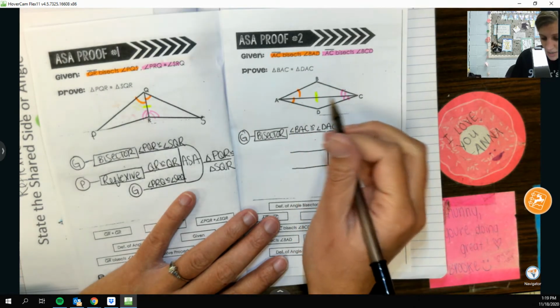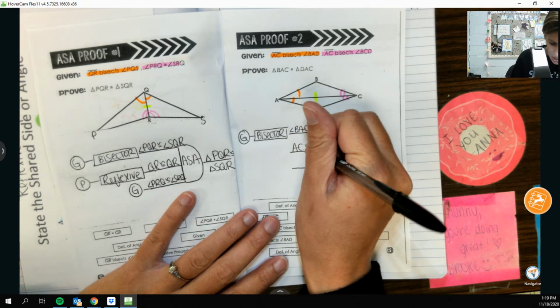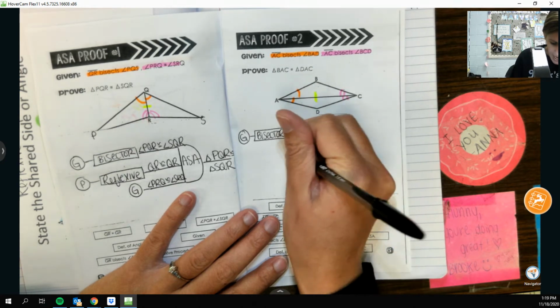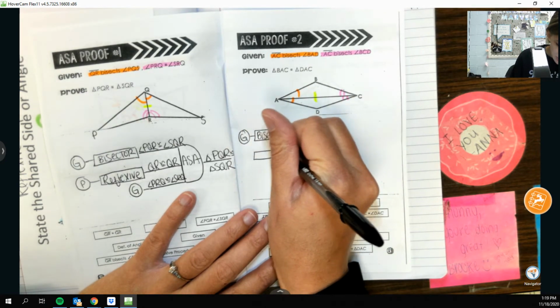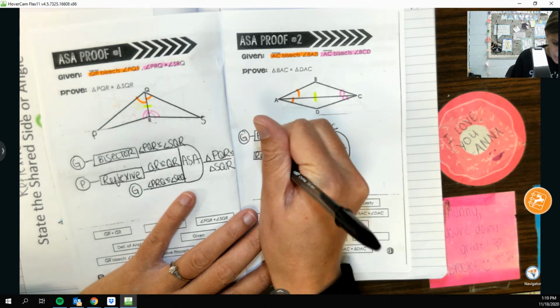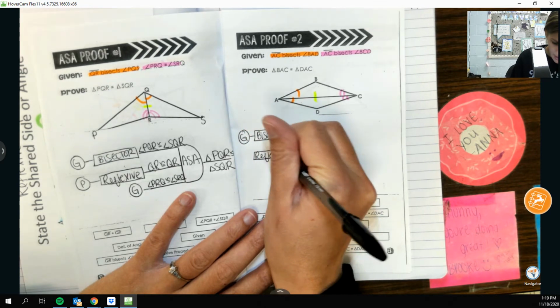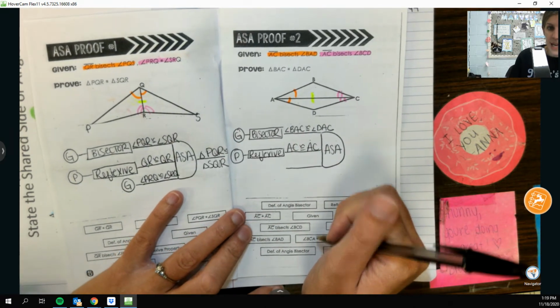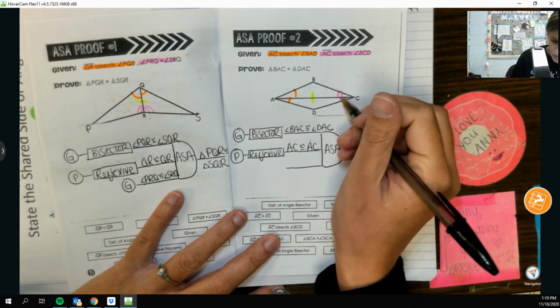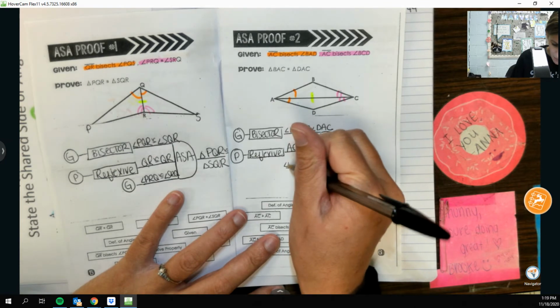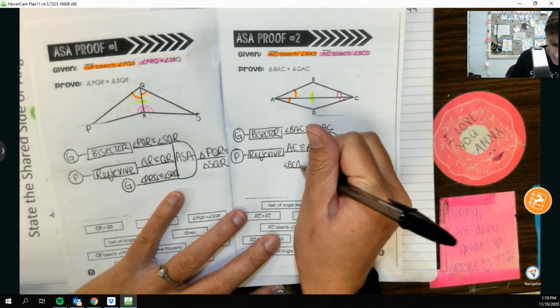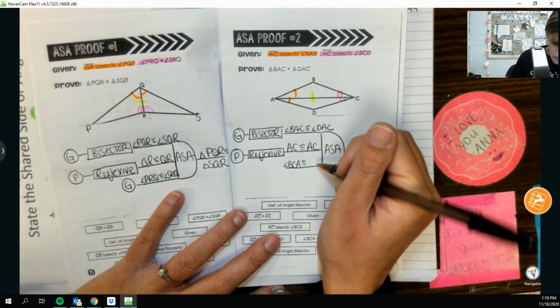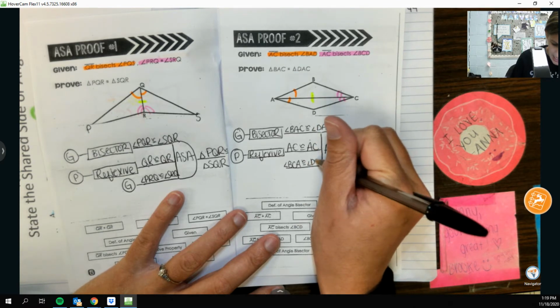Next, the side that I marked in my picture is that AC is congruent to itself. I know so because it was shared, which is that reflexive property thing that I could see in my circle P picture. And then lastly, my other angles, my pink angles here, angle BCA is congruent to angle DCA.